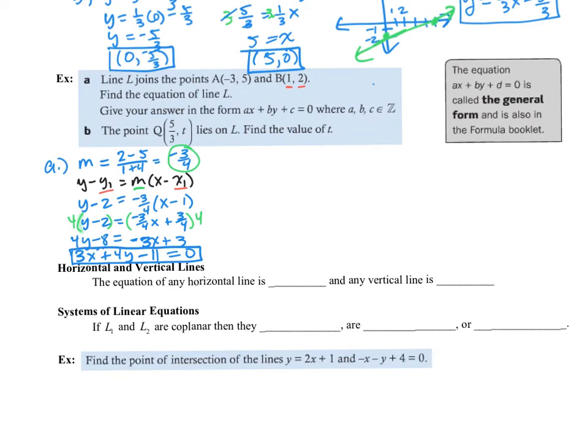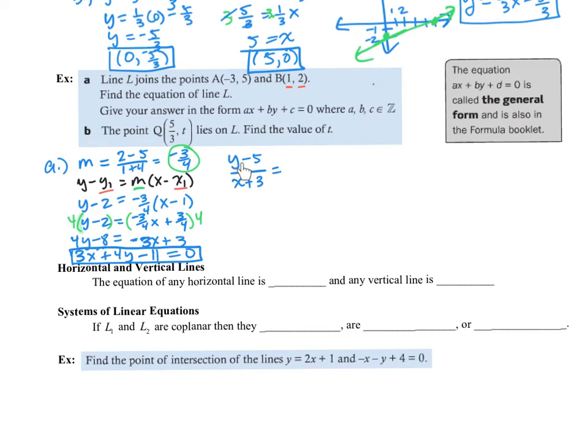So that's one way you could work it. Let me show you another way that you might like better that would be quicker. Remember, we get the slope by taking difference in y's over difference in x's. So let's just pick one of our points. Let's just pick this one, and let's write a generic version where we say y minus 5 over x minus negative 3, which would be x plus 3, gives us the slope.